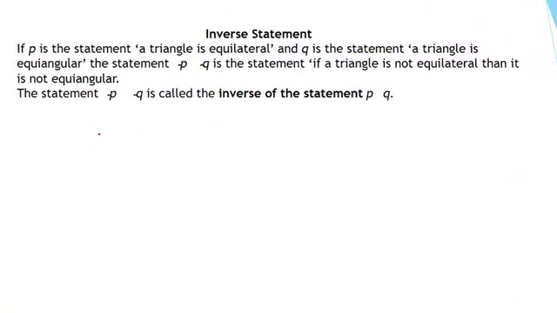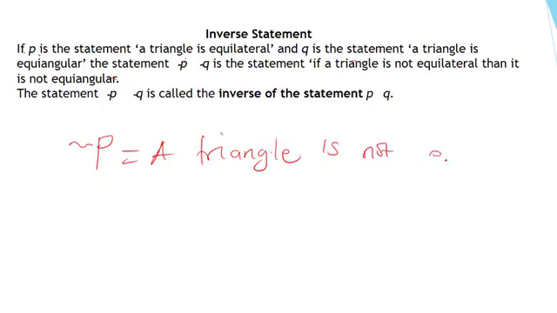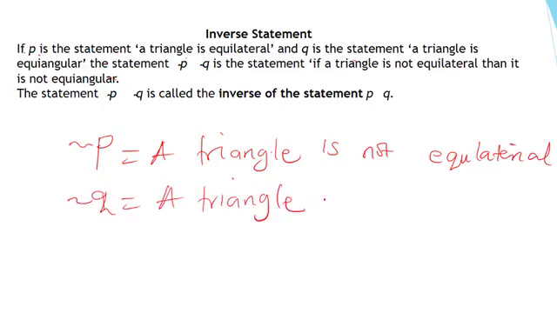From the former example, if P is the statement a triangle is equilateral, and Q is the statement a triangle is equiangular, then minus P becomes a triangle is not equilateral, and minus Q, a triangle is not equiangular.